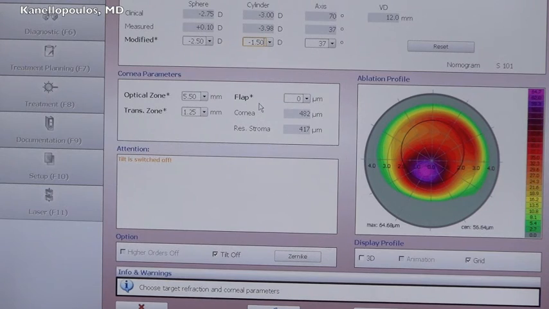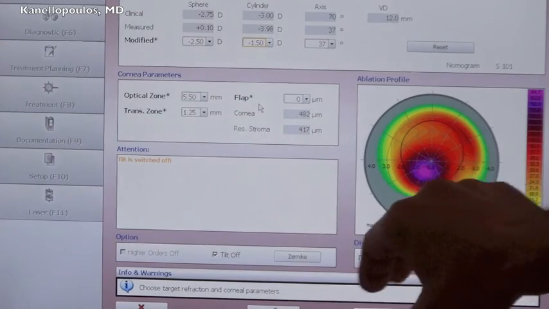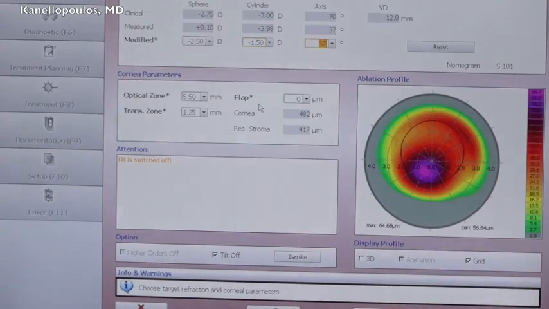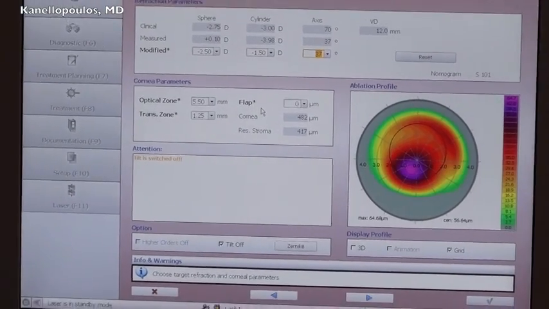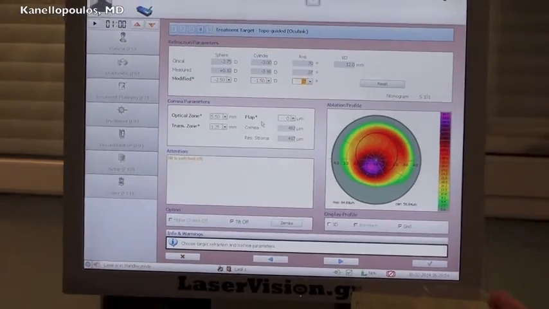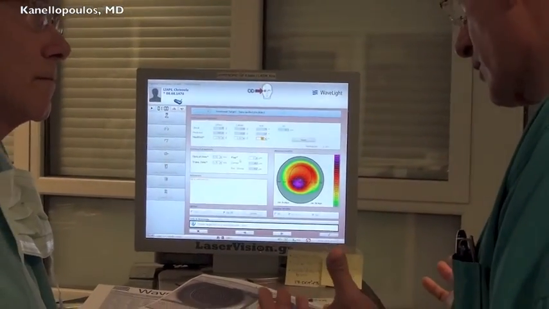It doesn't cost the patient anymore. So it actually increases the tissue reserve. So we're going to move more towards that direction. And this is kind of a trial and error way to cook the numbers and normalize the cornea as much as we can, preserve as much cornea as possible, and correct as much refractive error as possible.